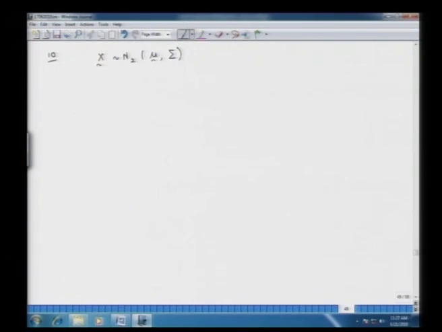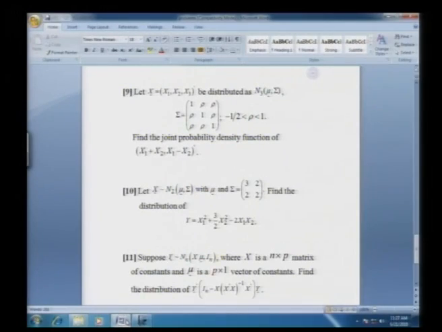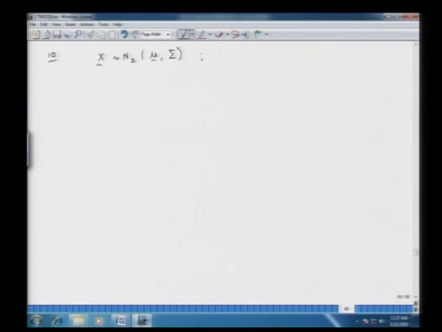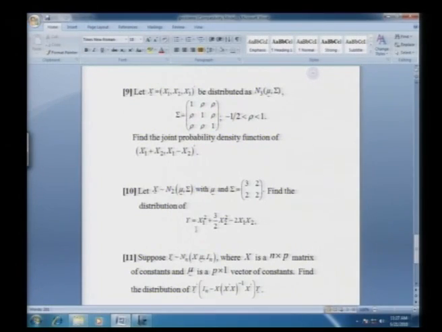X follows a multivariate normal with mean mu and covariance matrix sigma, where sigma is [3 2; 2 2]. So this is a positive definite matrix, and mu is any vector that may be specified.